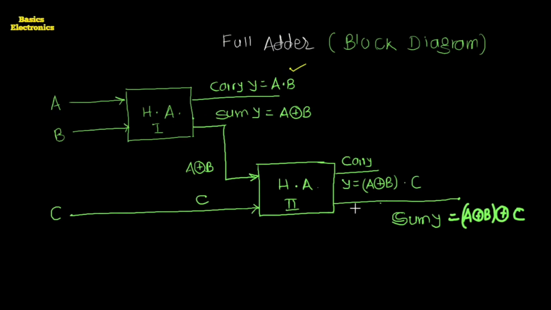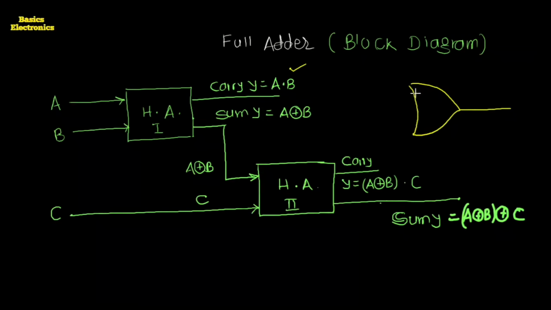Here we require only one carry to be generated, so for that we use the OR gate. Whenever we add numbers, it may be two numbers, three numbers or four numbers, but the carry generated is only one. So we use one OR gate, and here I am going to draw it.